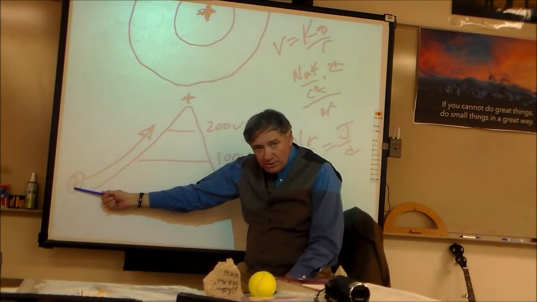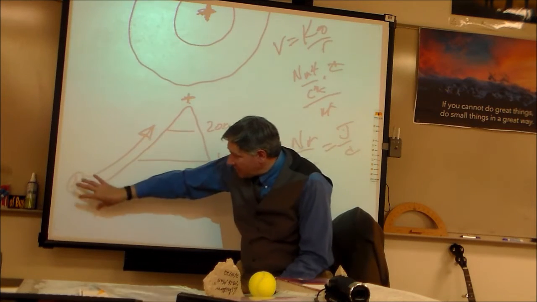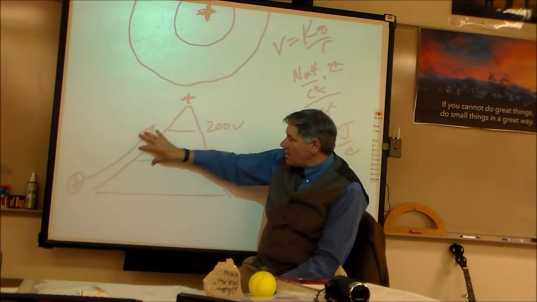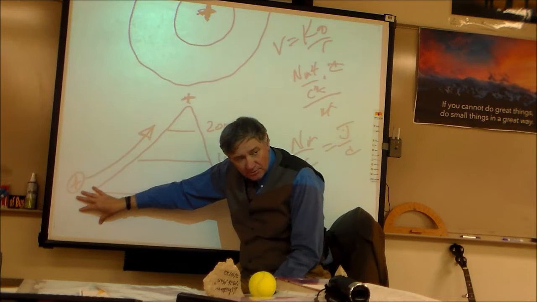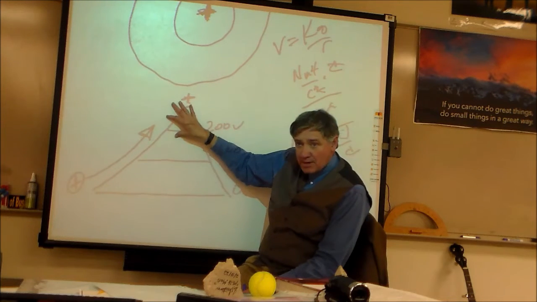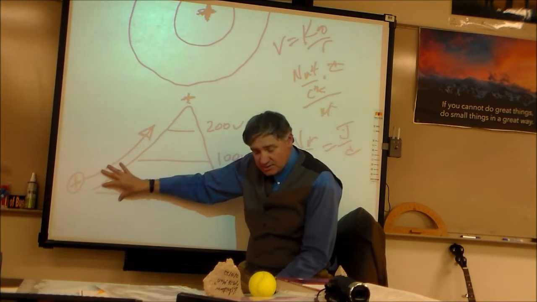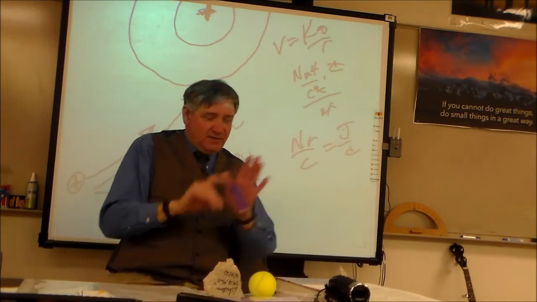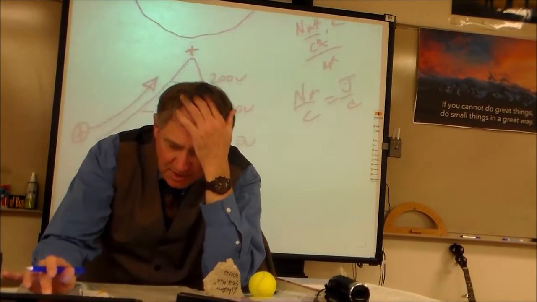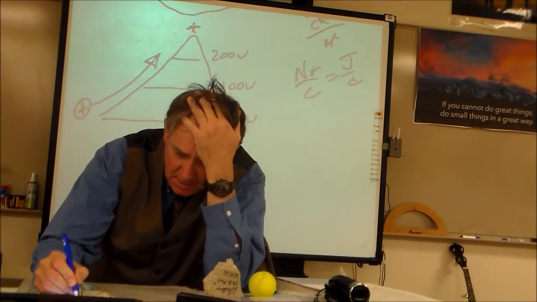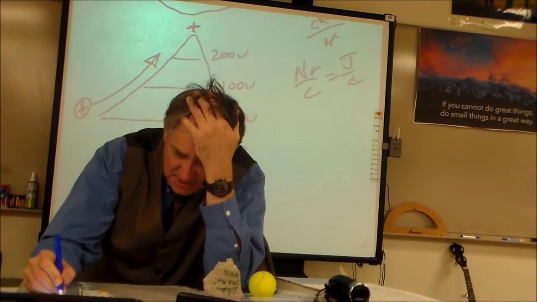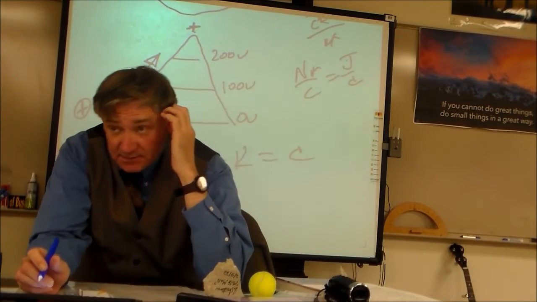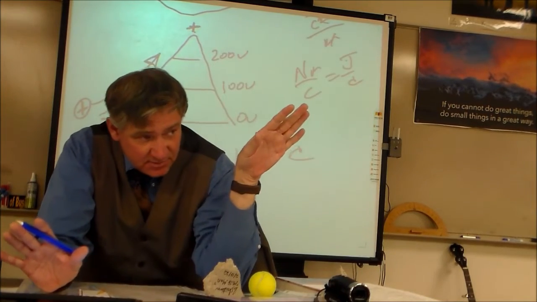So if I'm going to do work, I'm going to push this thing up from a lower positive voltage to a higher positive voltage because it doesn't want to go in this direction. So you got that visual. So if you look at the idea that UE plus kinetic energy is going to equal some constant. Now, I'm just going to make up some numbers to make this really simple, okay?